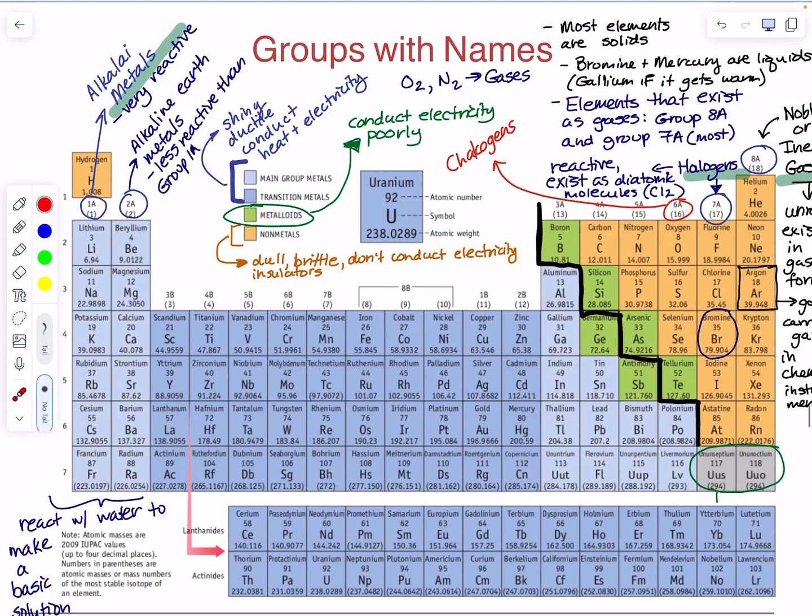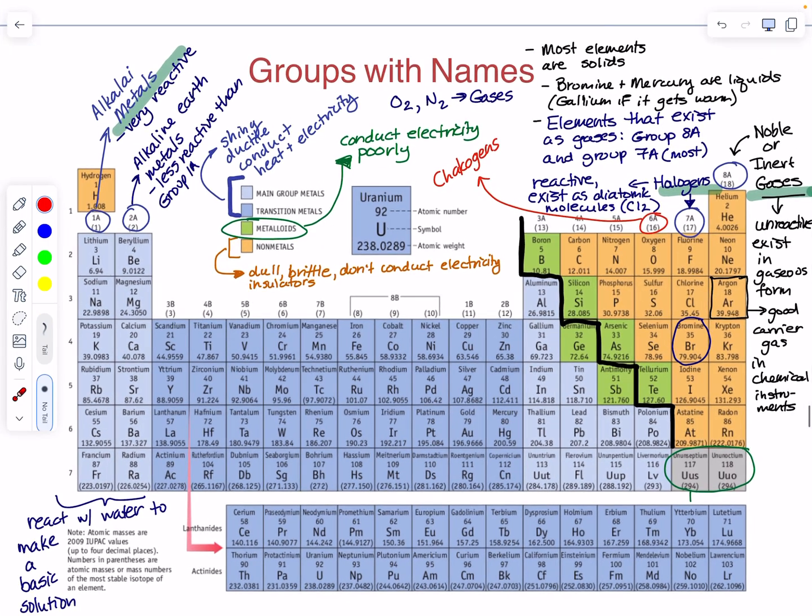All right, let's see. So we talked about the names of the groups. We talked about their properties. We talked about the metalloids. So the metalloids, again, their properties are in between, okay? In between the metals and the nonmetals.